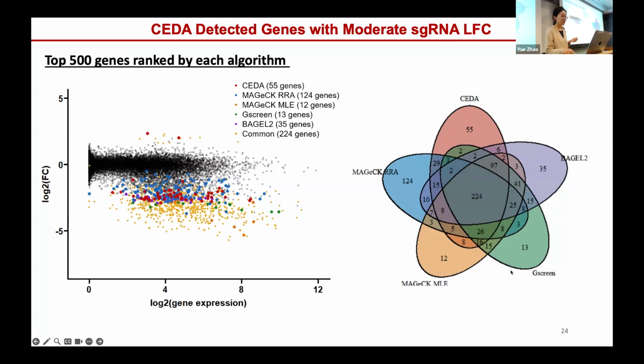But I highlighted the genes selected by one method only. Those red dots are the 55 genes selected only by CEDA. And as you can see, they tend to have moderate or small log fold change. So those are hard to select, but CEDA can pick up those signals.